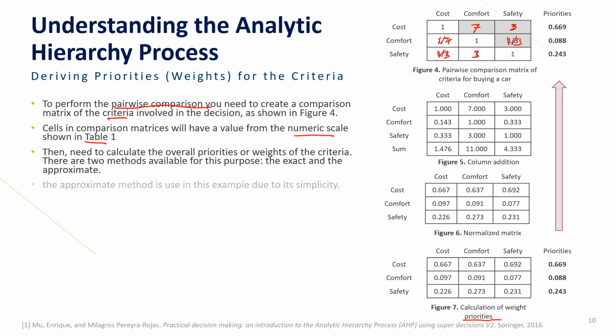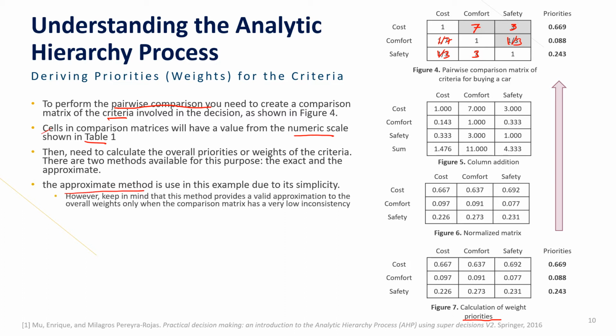For simplification purposes, here we will use the approximate method. However, you need to keep in mind that this method provides valid weights only when the comparison matrix has very low inconsistency.